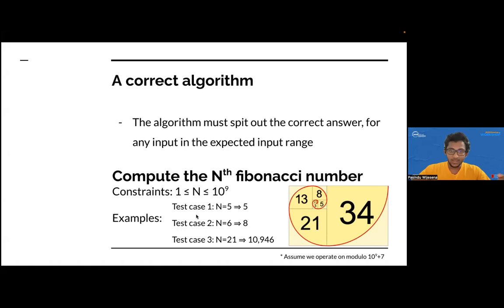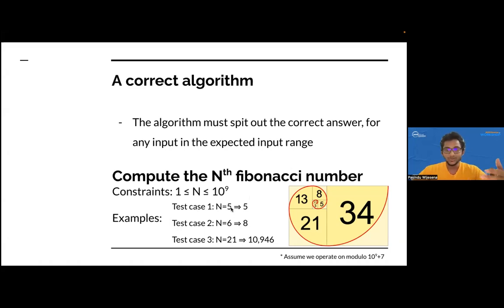So let's say we were given this question, and in the question we have some example test cases as well. If you write some sort of program that just produces the correct answer for the given examples, then you might not score at all. There could be cases in some competitions where you can score, but in many cases, if you just try to solve for the given examples, it's not going to be enough.